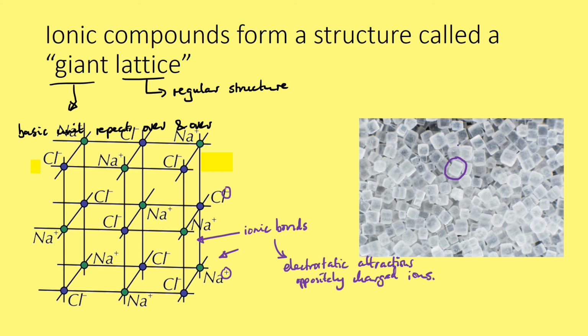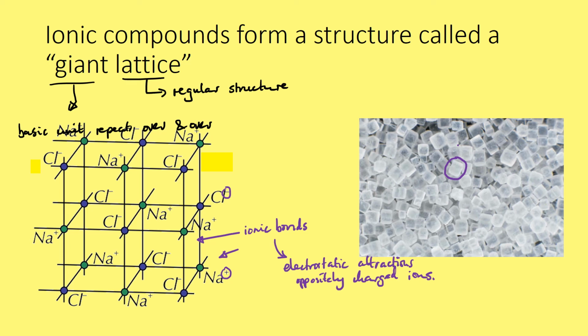So it makes a shape whereby these sodium ions are next to the chloride ions, and the sodium ions aren't as near, they're further away from the other positively charged sodium ions, and that's the same for chloride ions as well. They're closest to the sodium ions and they're furthest away from the other chloride ions.